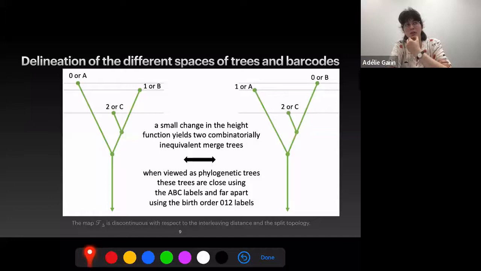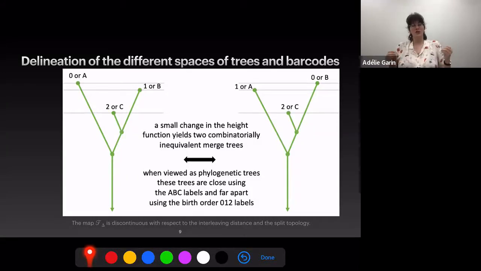I'm not sure I understand what you mean by a pair of merge trees, but here I really focused only on the tree to barcodes problem, because that was already a complicated enough inverse problem. But there is a bunch of work on the fiber of the persistent map in general, where people have used not only trees, but any type of topological space and consider the barcodes of these.